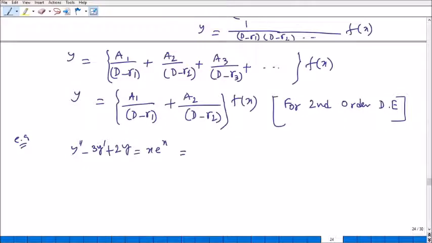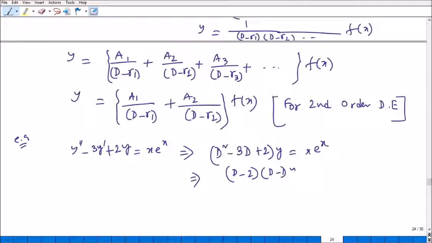This is written in the operator form as d square minus 3d plus 2 operating on y equal to x e to the power x, which is d minus 2 into d minus 1 operating on y is equal to x e to the power x.